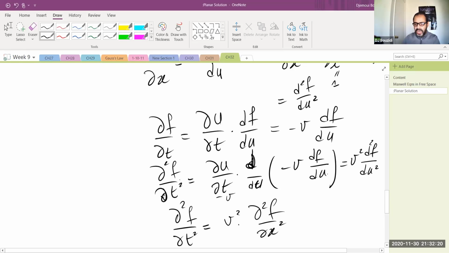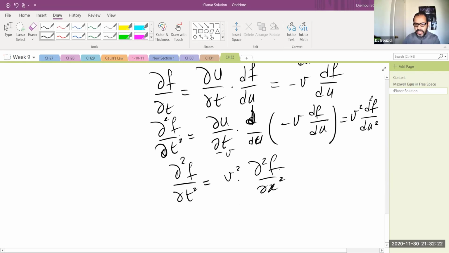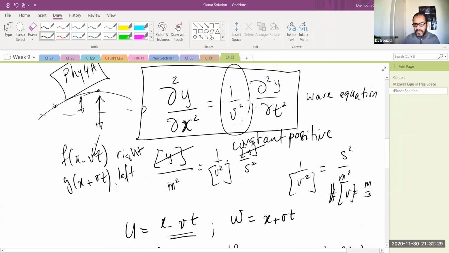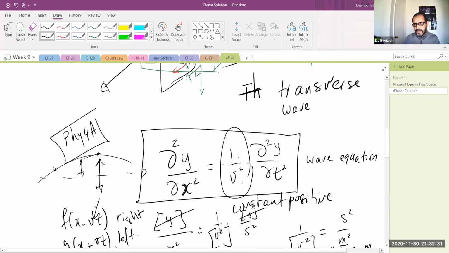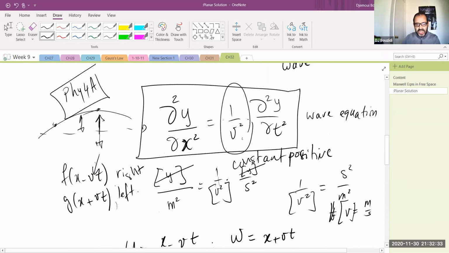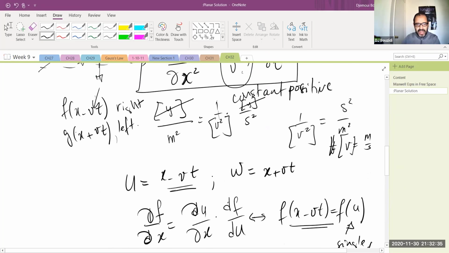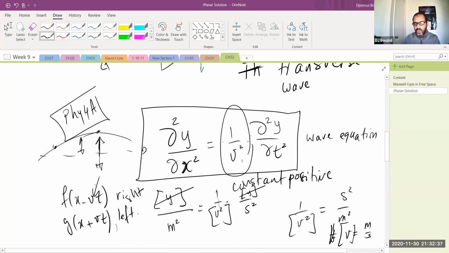This is exactly the same equation I wrote above. I wrote it in a different order, but it's the same equation as this one here. Okay. So f of x minus vt is actually a solution to this equation.